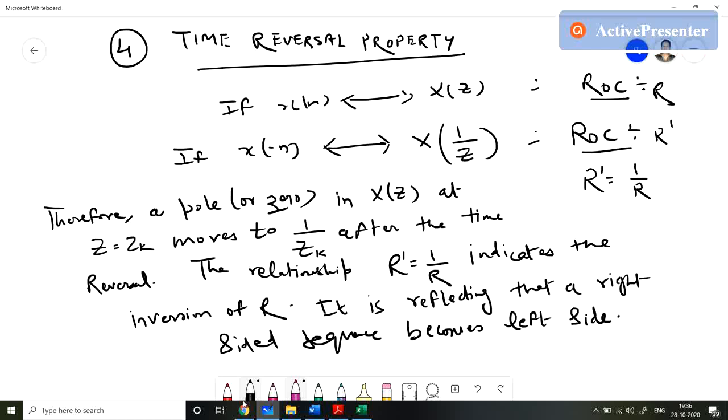Previously you had a right-sided sequence, now it will become a left-sided sequence. So this is called the time reversal property.